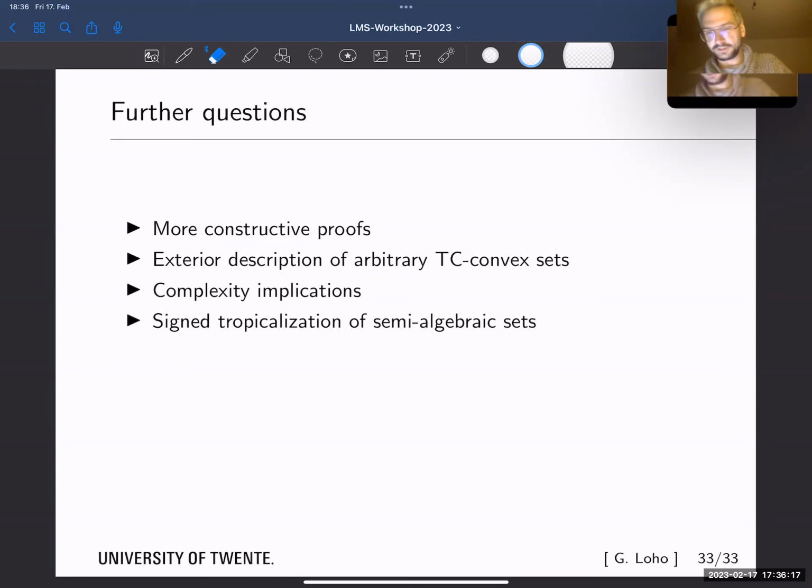The whole theory only becomes nice if one goes to the more special class of oriented matroids or their quantitative extensions. We also profited from signed tropicalization. I just mentioned this briefly, but I think the whole framework of signed tropical convexity can also help to understand the bigger questions about signed tropicalization of more general semi-algebraic sets. Thank you.